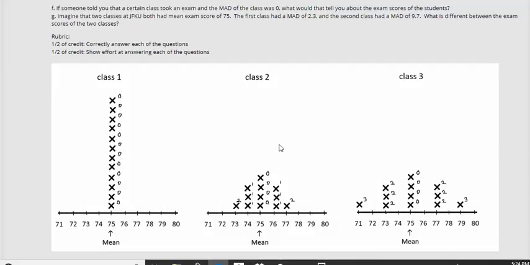All the scores are the same number. We can also see that class 3 has quite a bit more spread or dispersion because the scores go as low as 71 and as high as 79. So basically, when the scores are spread out further away from the mean in both directions, the MAD gets larger.